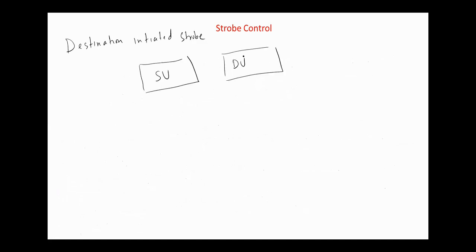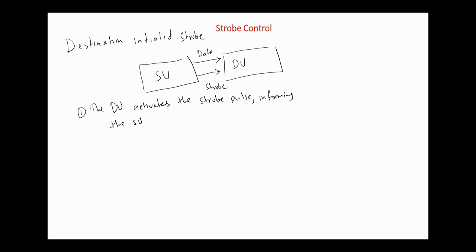In the destination initiated strobe, source unit, destination unit. The destination unit activates the strobe pulse, informing the source to provide the data.